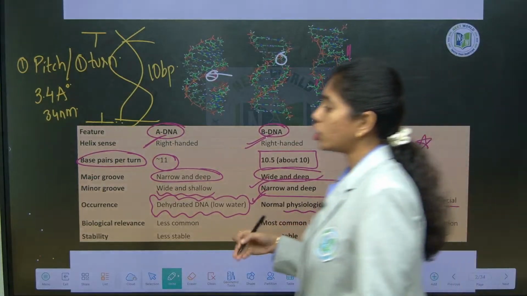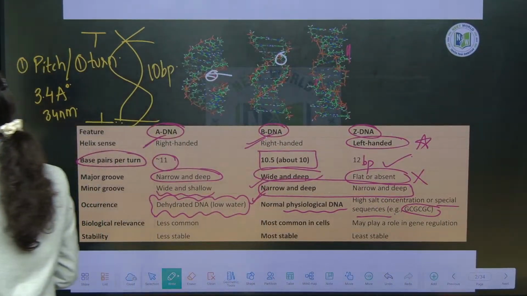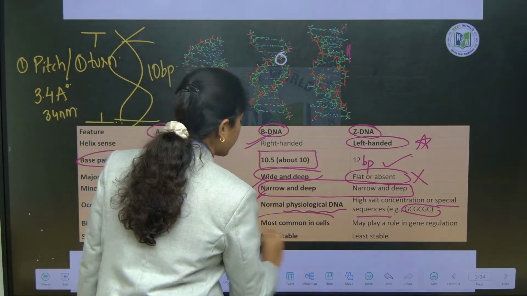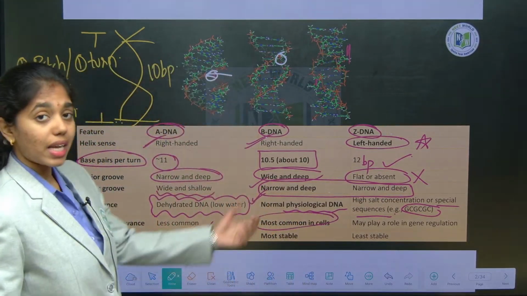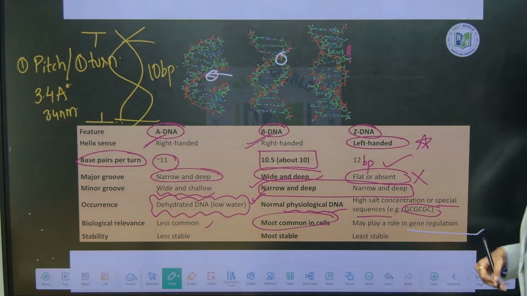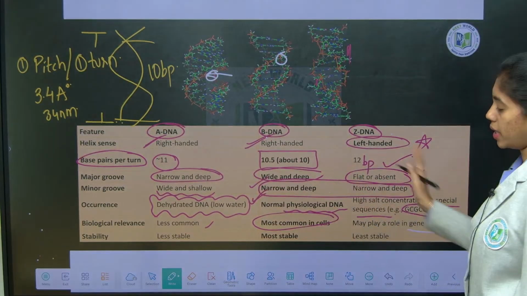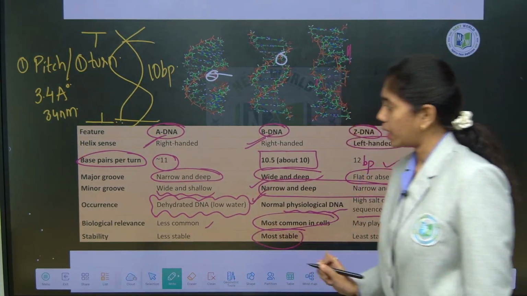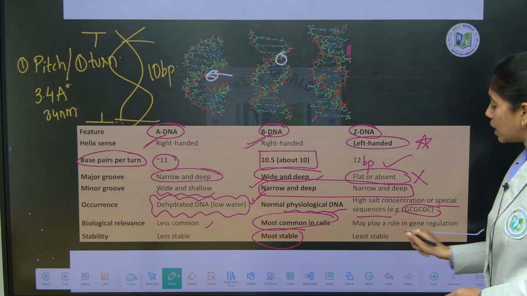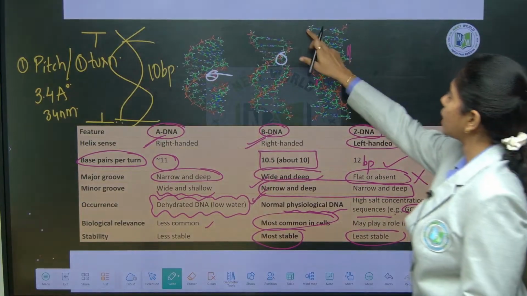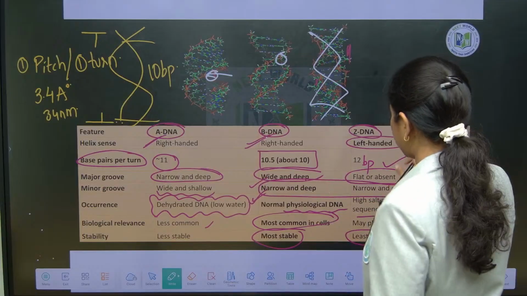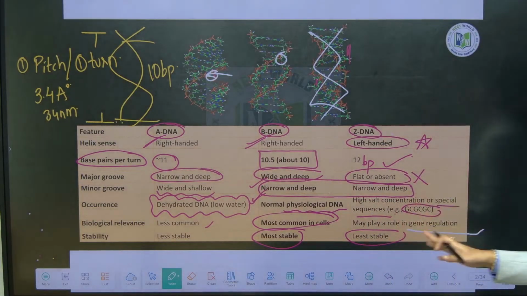Biological relevance: most common in the cells will be B type DNA, and Z type DNA plays a role in gene regulation. The most stable DNA amongst these three types will be B type DNA, less stable will be A type, and least stable is Z type, because here DNA is left handed and arranged in zigzag fashion.